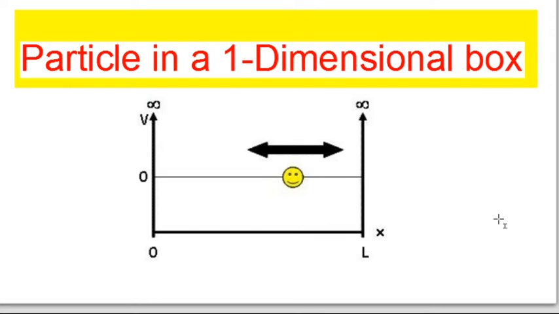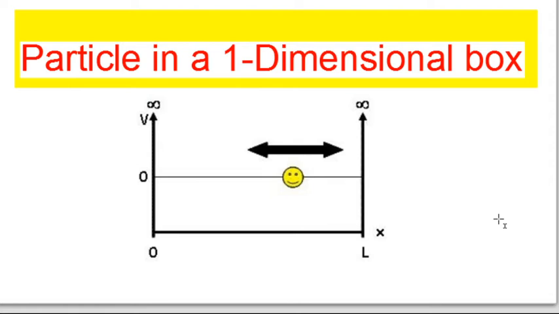Our world in this imagined situation is one-dimensional. So what does a one-dimensional world mean? We have a single dimension that of course is a straight line, and any body present in that system can move along that direction only.